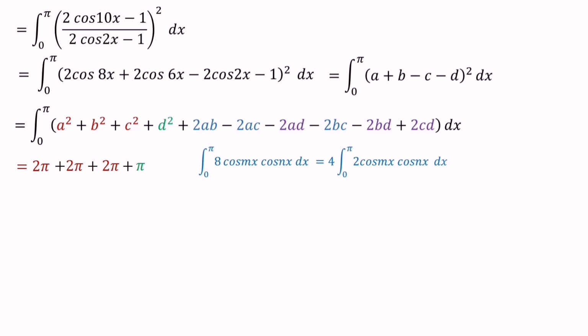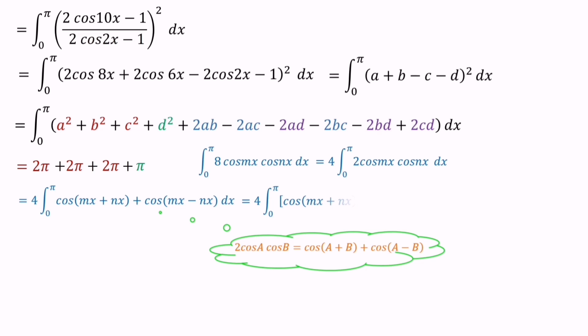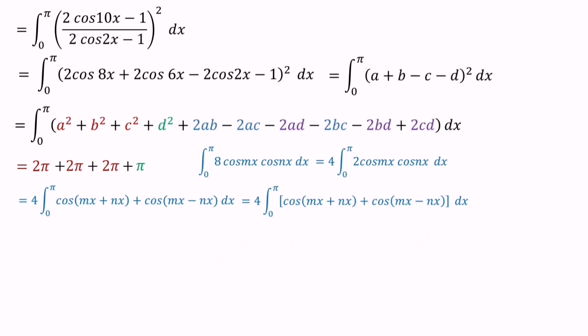We know 2 cos a into cos b is equal to cos(a plus b) plus cos(a minus b). So here 2 cos mx into cos nx we can write as cos(mx plus nx) plus cos(mx minus nx). After that we can consider the integral sign separately.